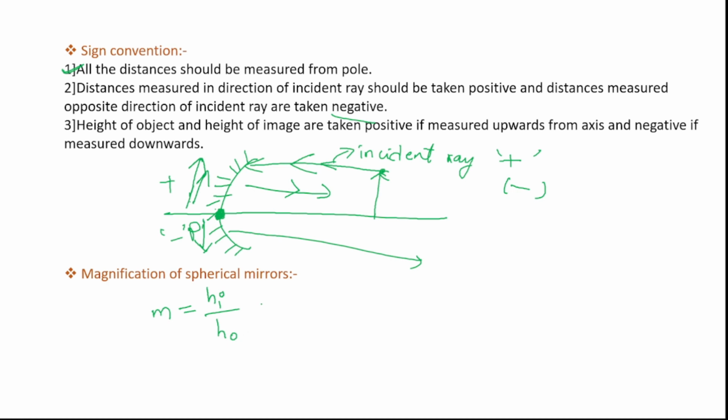Magnification is equal to Hi by H naught, that is minus V by U. So V is image distance and U is object distance. It just shows us the changes in the size of the image, okay. So this is magnification.